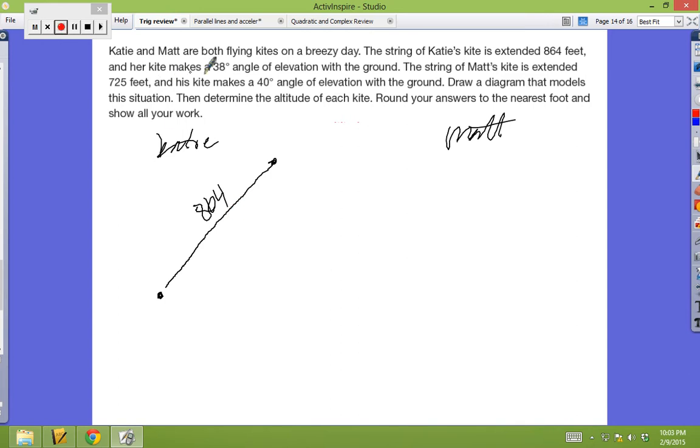And her kite makes a 38 degree angle of elevation. So here's Katie. That is going to be 38 degrees. So it's going to rotate 38 degrees from above off the ground, and then the wind takes it. So your triangle, there's your 90.